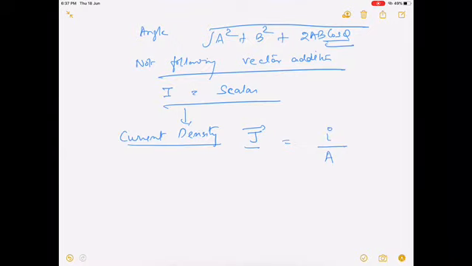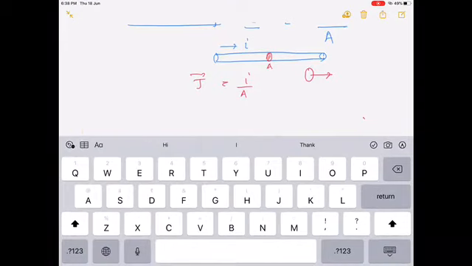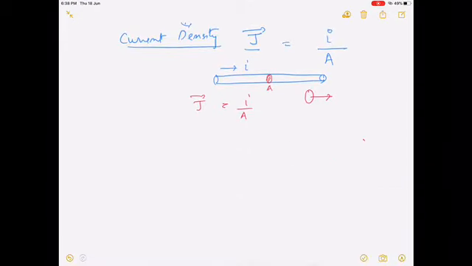Now this current density J is equal to current upon area, current per unit area. Suppose we consider a conductor and current I is flowing through it. Now let us consider an area over here, shown in red. A is the area. Then current density J is given as I upon A. This area is such that its normal is parallel to the current.